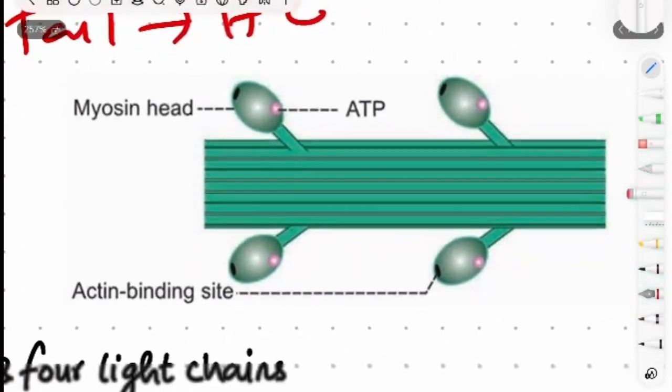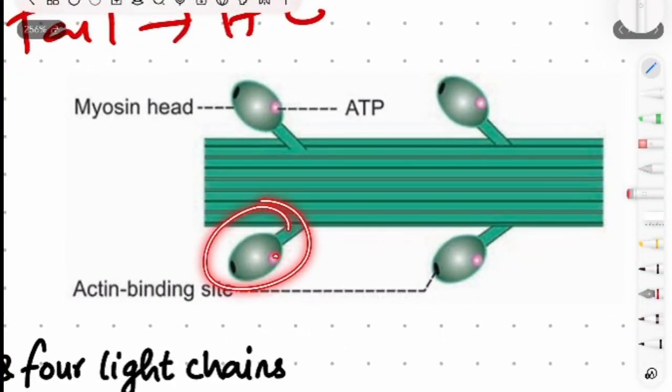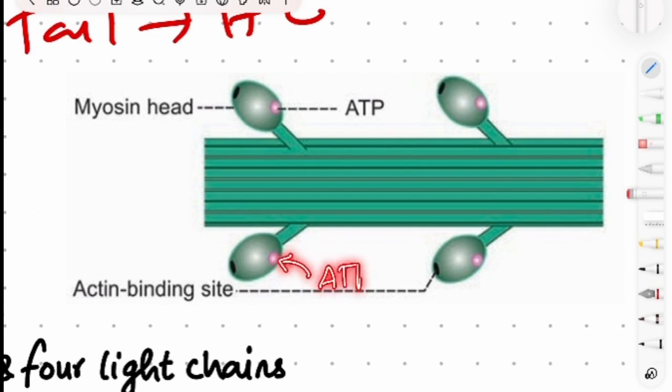You can appreciate this in this diagram, with the pink color one as well as the black color one. So this is the myosin head, which has two sites of attachment. At the pink color site, ATP gets attached, whereas at the black color site, actin gets attached.